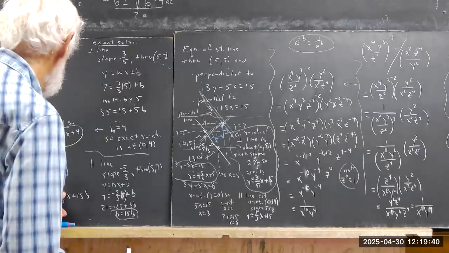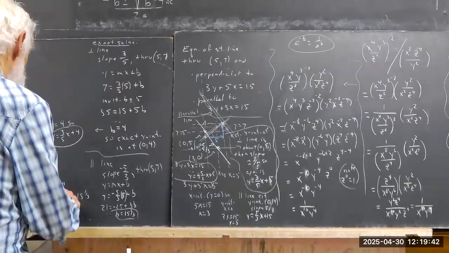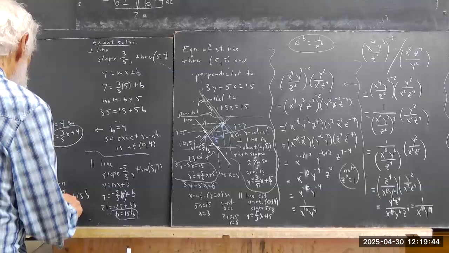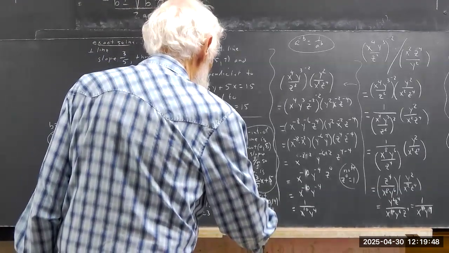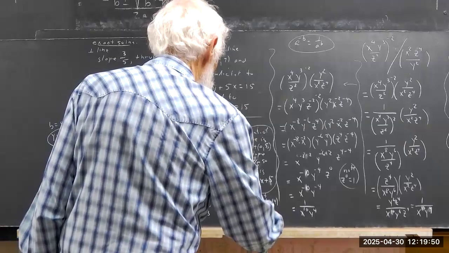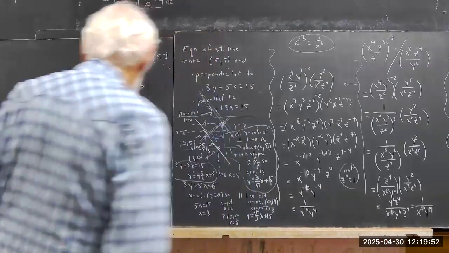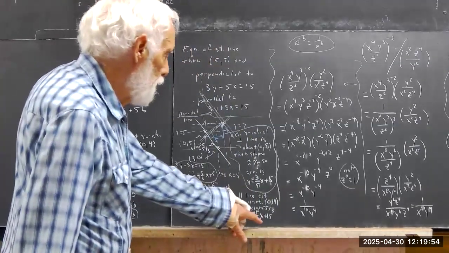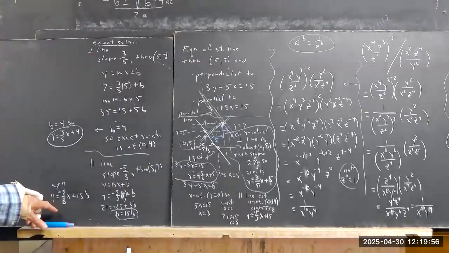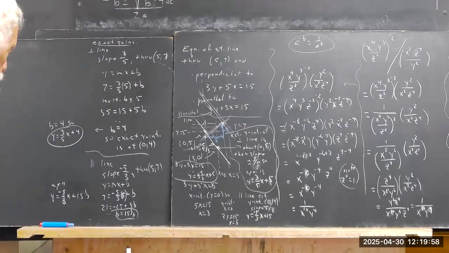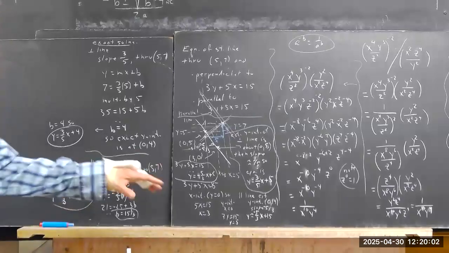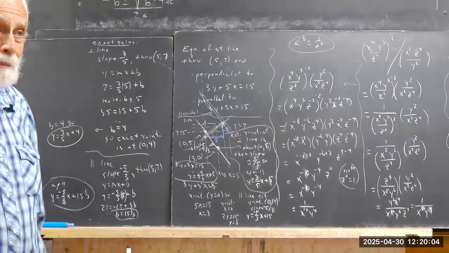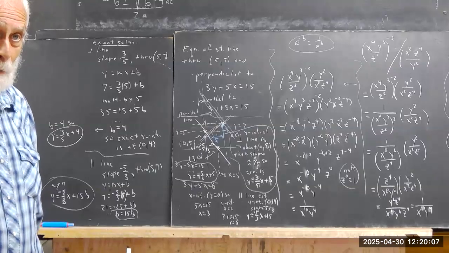Negative 5/3 x. And the slope is negative 5/3. So my estimate was negative 5/3 x plus 15. It's actually y equals negative 5/3 x plus 15 and a third. So now I'm convinced that I fixed my mistakes. Okay.